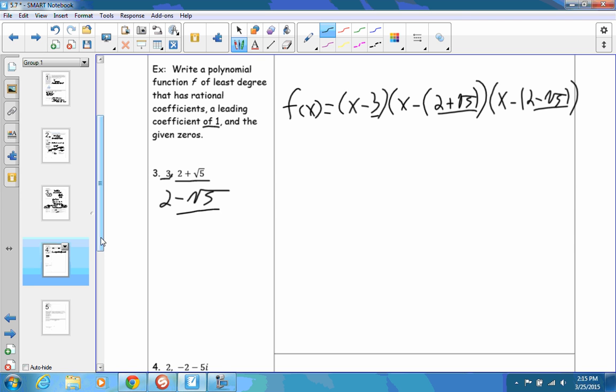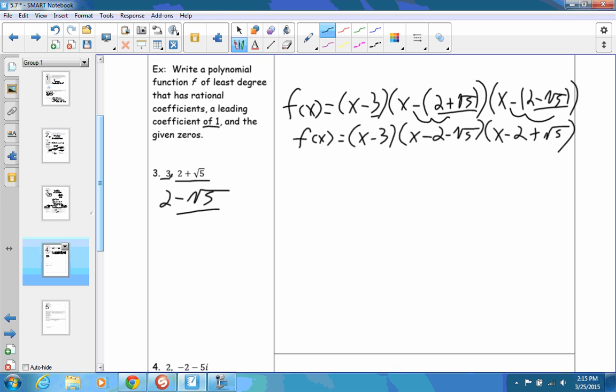First thing I want to do, though, is distribute this negative sign around, right? So let's rewrite this as f of x equals (x minus 3)(x minus 2 minus root 5), okay? And then let's distribute it here, (x minus 2 plus root 5). All I did was distribute that negative sign inside this parentheses.